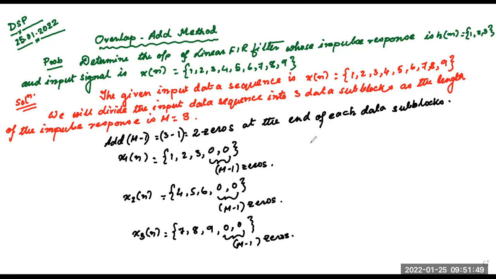So the new impulse response h of n equals 1, 2, 3, 0, 0, to match the length of the impulse response with the newly generated data blocks. We are adding 2 zeros at the end, and this process is called zero padding.